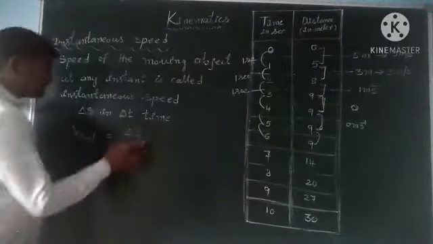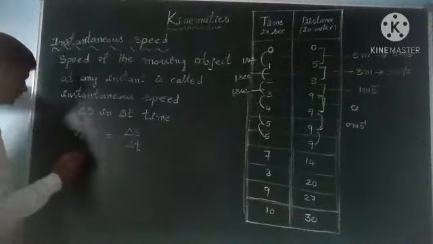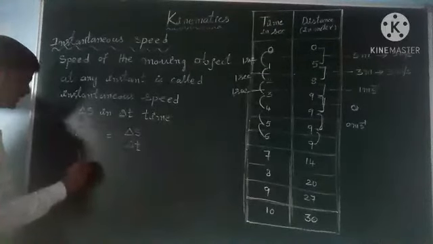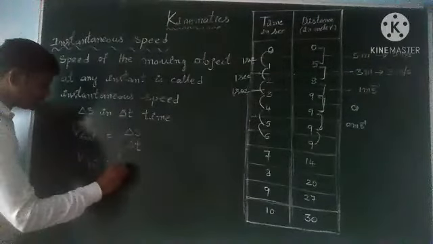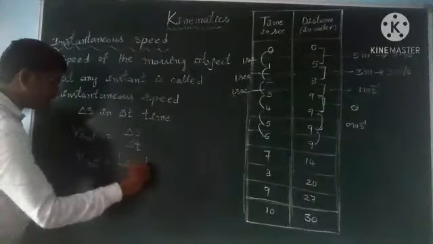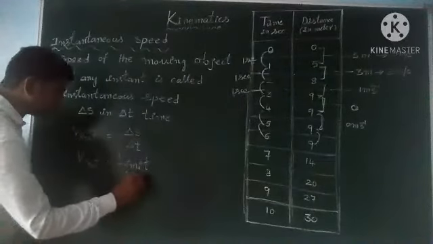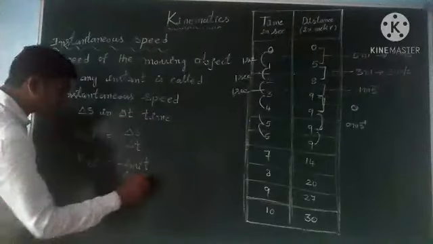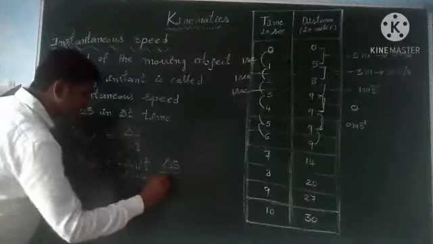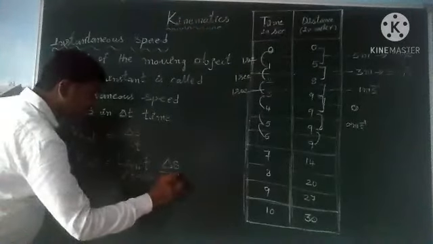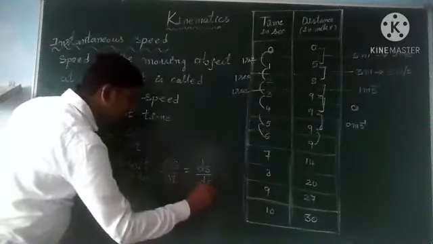So you can write it. If this time interval is very small, then V instantaneous can be written like this: V instantaneous is equal to the limit as delta t approaches 0 of delta s by delta t, which can be written as ds by dt.